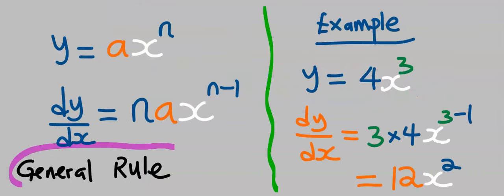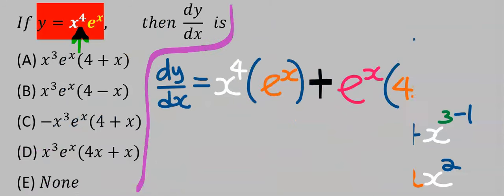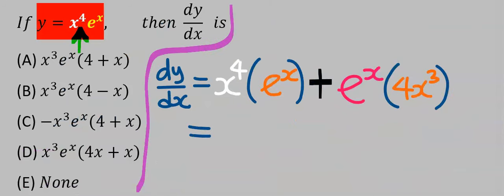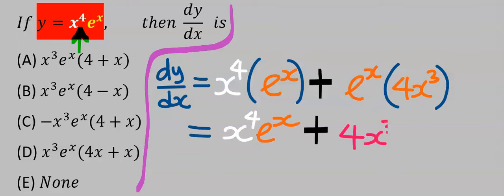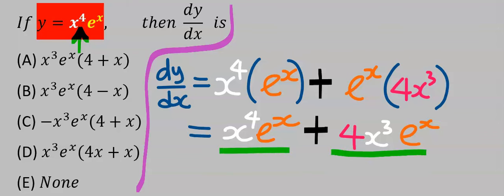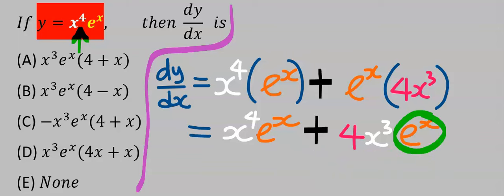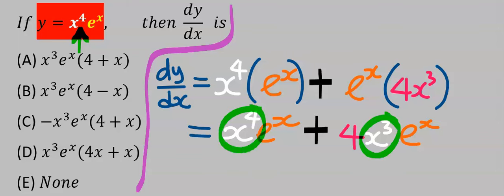Remember the general rule of derivatives. Next, rearrange the function. Next, factorize. That is what is common on both sides of this sign. Exponential x is common. Likewise, x to the power of 3 is common on both sides.